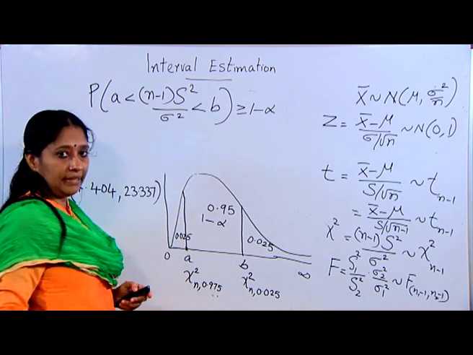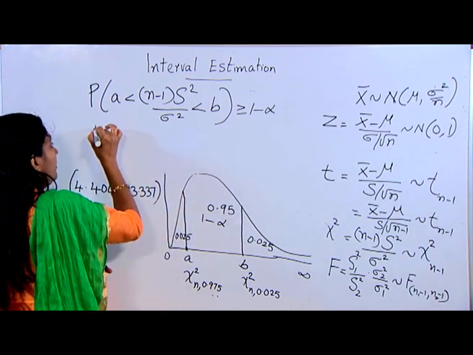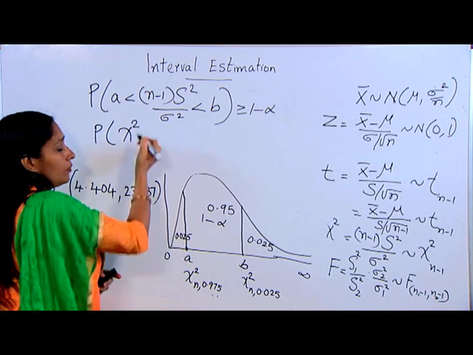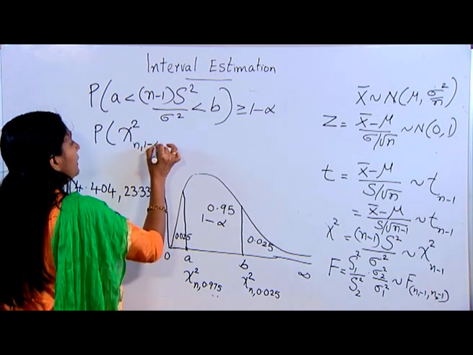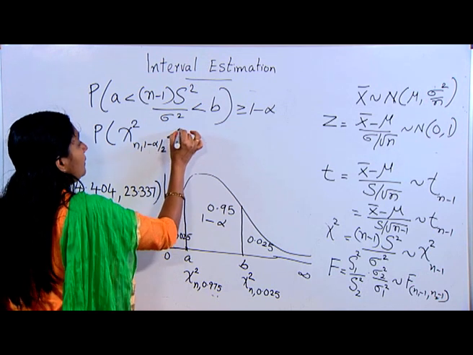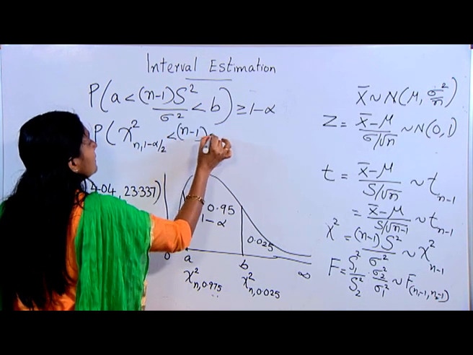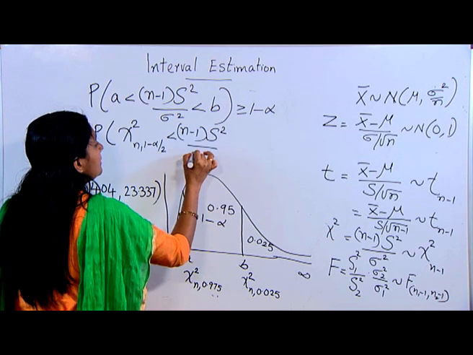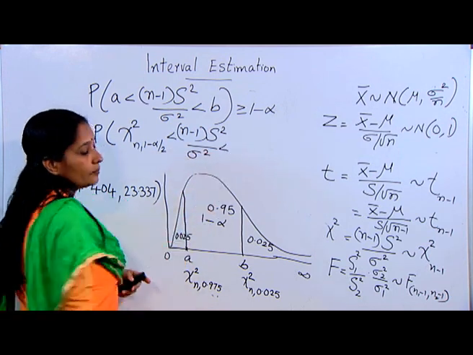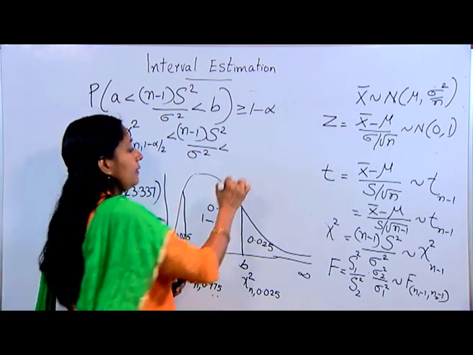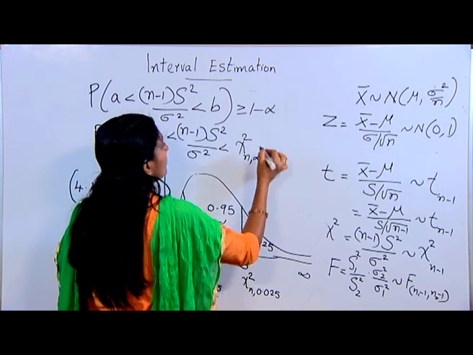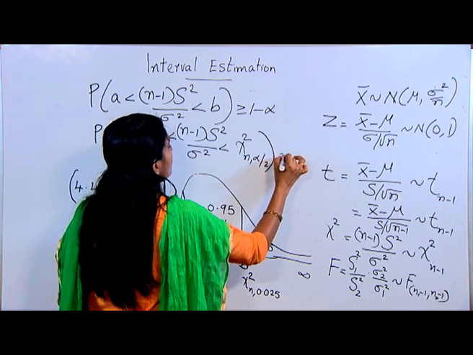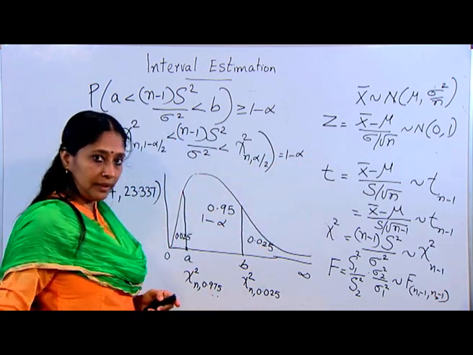In place of the limits, we write the probability of chi-square n, 1 minus alpha by 2 less than n minus 1 s square divided by sigma square less than chi-square n, alpha by 2 is equal to 1 minus alpha.